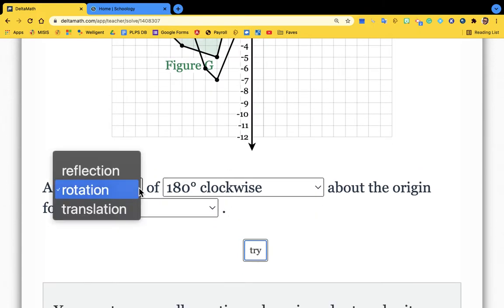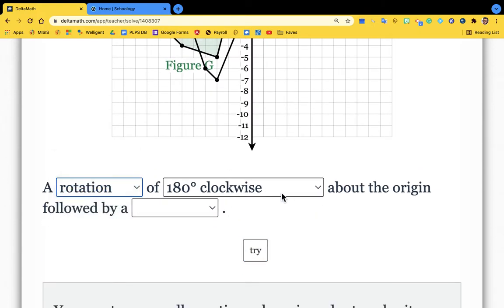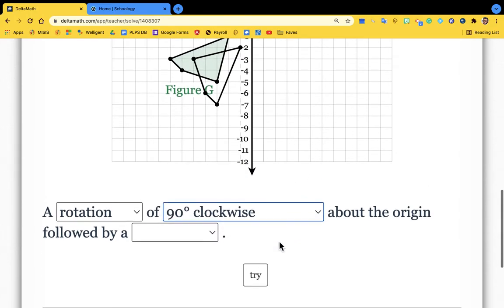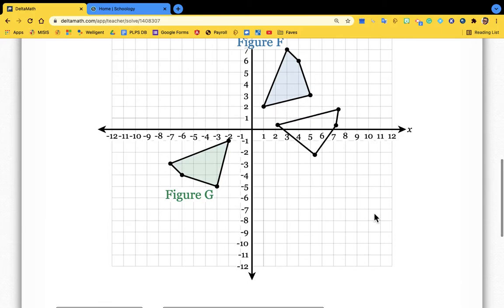So let's see what happens if I do a rotation by 90 degrees clockwise. Okay, well, that's better. Now look, it's on the opposite side. This little flat side is on this little flat side, so it's like a reflection.